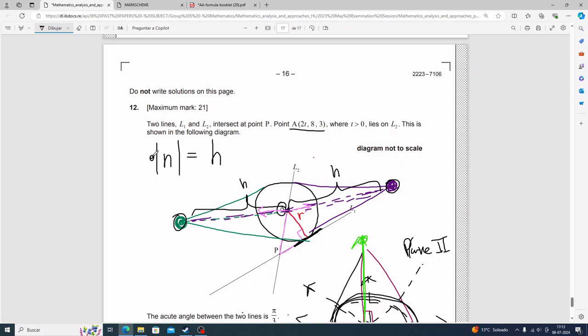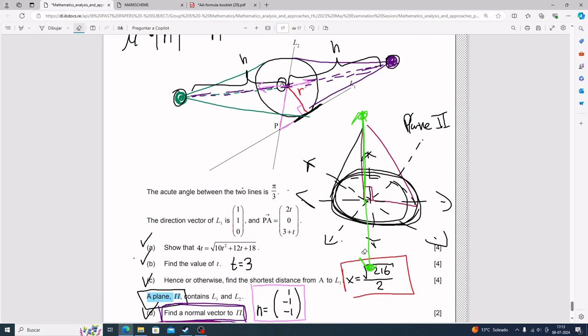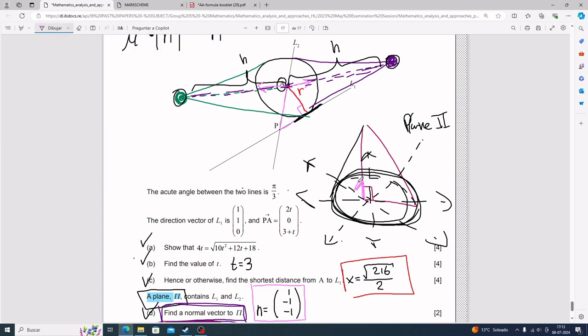Now apply it enough times, right? Apply it enough times. So some amount times your normal vector until you reach h, okay? Basically, if I were to redraw it again, because I think it's very important that we understand this part, okay? Basically, you have some normal vector that I'm now going to put, say, in pink, that goes like this, okay?